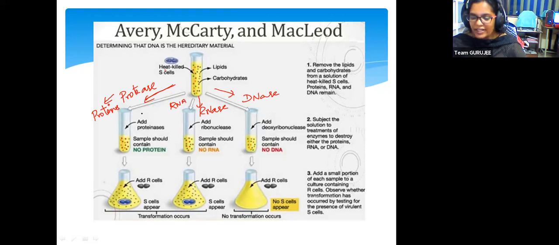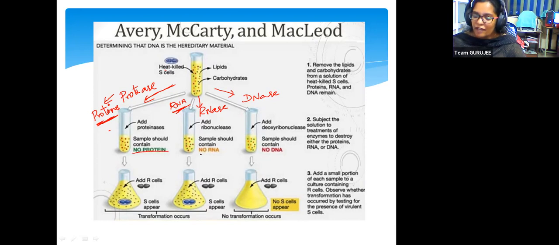The protein will be denatured here. Likewise, after adding RNase, the RNA will be denatured. Denatured means it loses its properties, so that substance won't be there. After adding protease, there won't be any protein in this test tube.